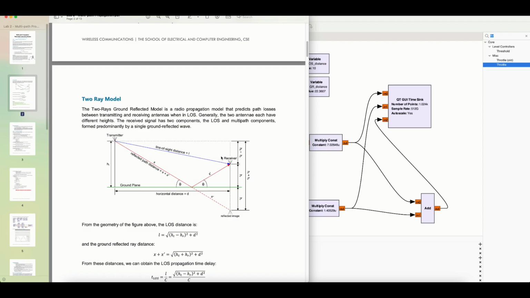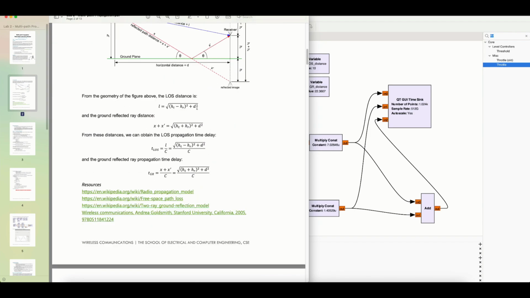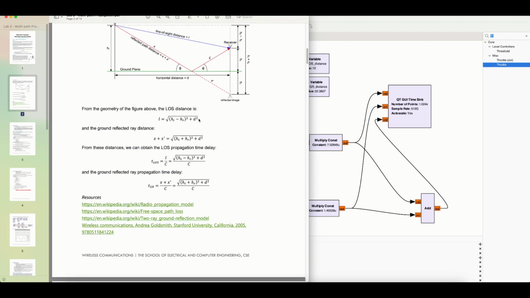Now, once you start manipulating those equations, and you can Google it, I will be making a video on that derivation process, because it's a long derivation and that's why I was trying to delay it, but now I have to do it. You will come across two different equations. The first equation that you will find in any wireless communication book is this. This is known as your line of sight distance. It comprises the square root of (ht minus hr) squared plus d squared.